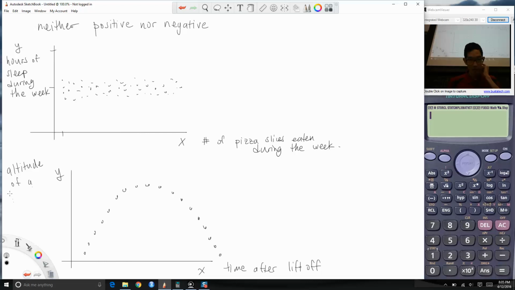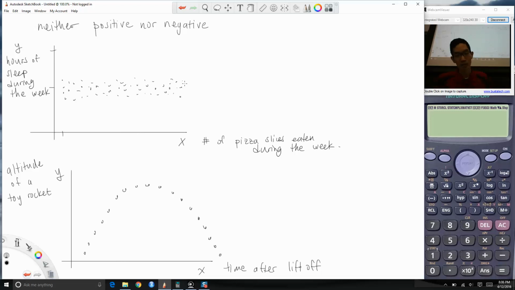Would there be a name for that? Like if the other one was flat, trend, or just still? Yeah, at this point we're just talking about positive and negative direction. In a moment we'll talk about linear versus nonlinear. In our class we're only going to worry about straight line linear relationships.